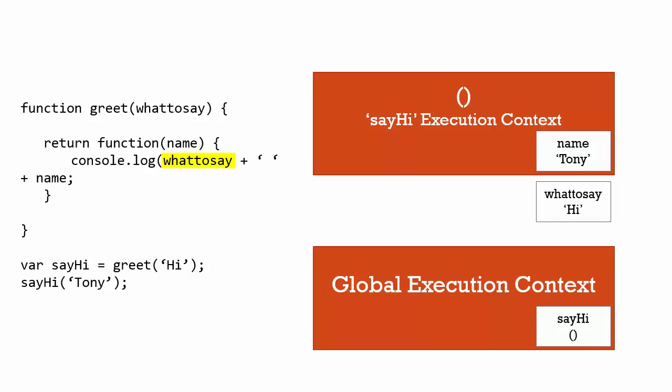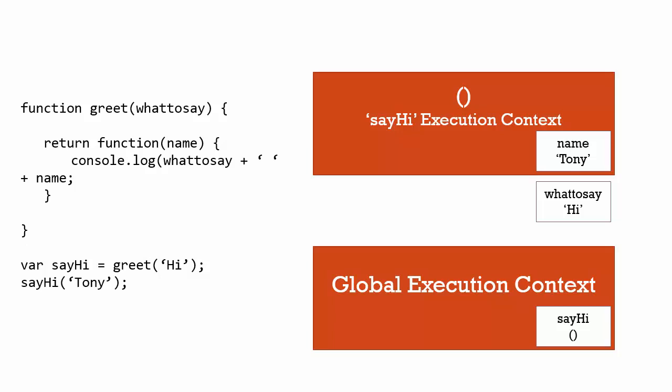what does the JavaScript engine do? Well, it goes up the scope chain. We've learned this. There's an outer lexical environment reference. In other words, it goes to the next point outside where the function was created to look for that variable, since it couldn't find it inside the function itself.